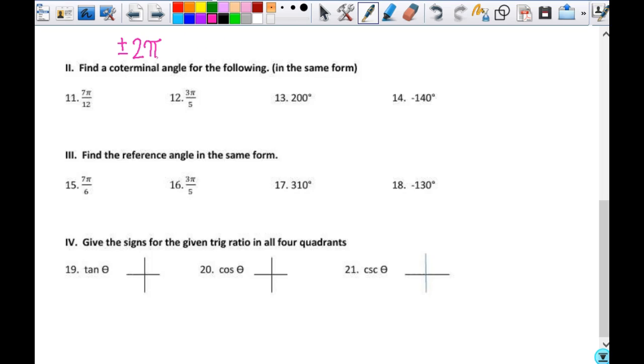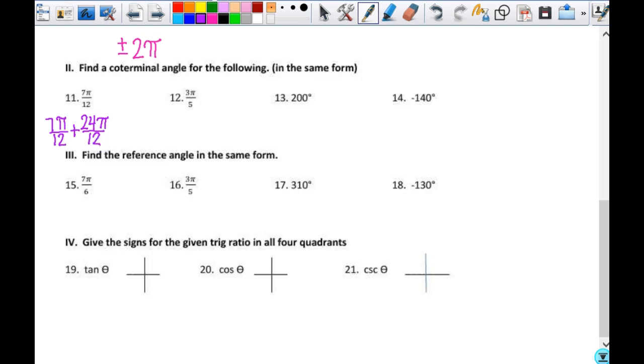Most likely positive is probably the first thing you would do, but because there can be more than one answer, there's actually an infinite number of answers. I'm going to go ahead and do one of each, one with adding and one with subtracting. So when I take this 7 pi over 12, and I want to add to it 2 pi, I need to get a common denominator. So 2 pi in terms of twelfths is going to be 24 pi twelfths.